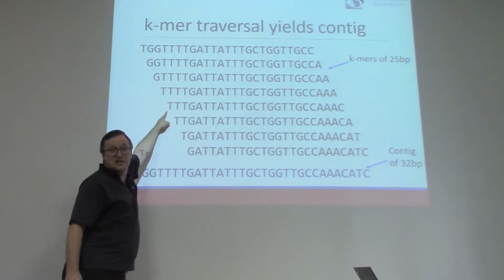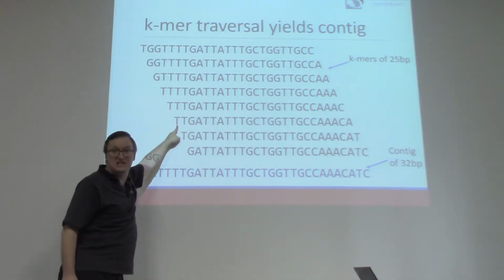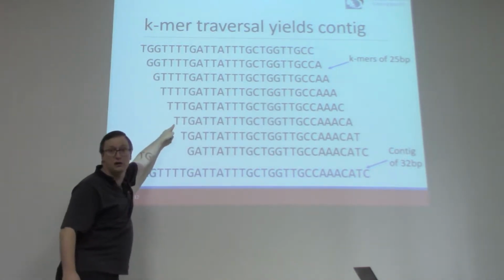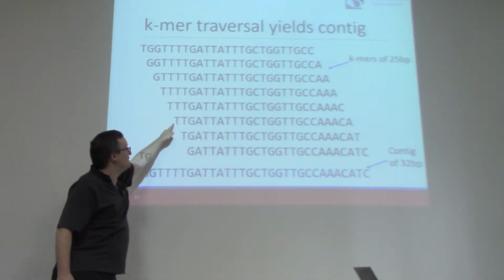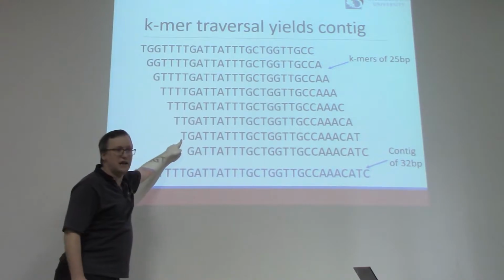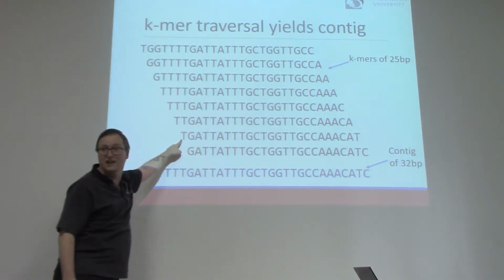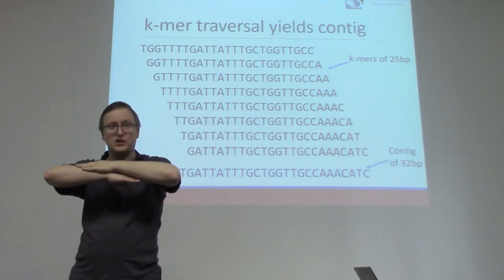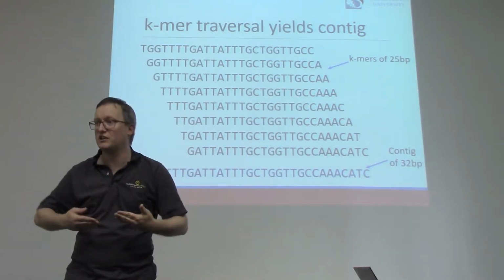So the edge for TTTT to TTTG is a directional arrow. I could go from here to here. The node TTTG has an edge pointing to TTGATT because those two are off by one from each other and share this commonality among them.